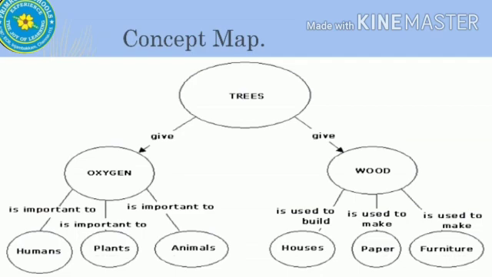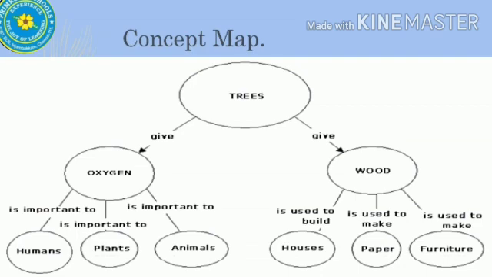What am I going to write about trees? To whom should I ask about trees? Or how should I write it in a simple paragraph? Yes or no? You have such doubts, right? Okay. Now, to clear all those doubts, to get organized in our thoughts, this concept map can help us.